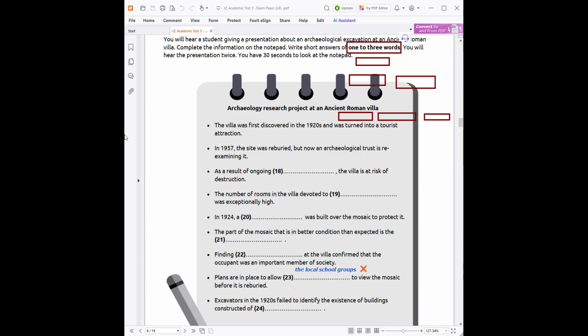You're writing 4 words. So at most, you can write local school groups. That will be accepted. Or you may just write school groups. That would also be accepted. But any answer beyond these 2 is wrong.